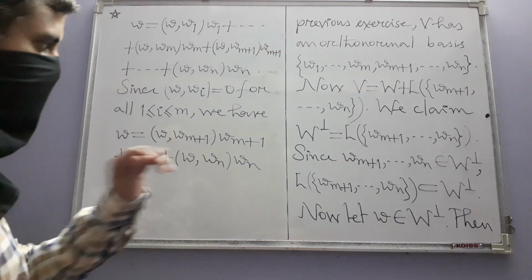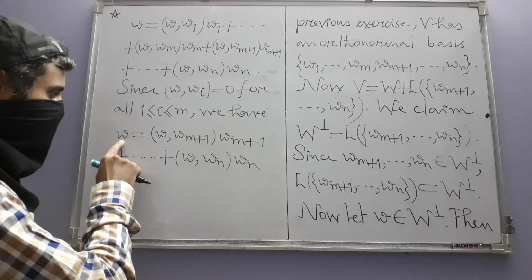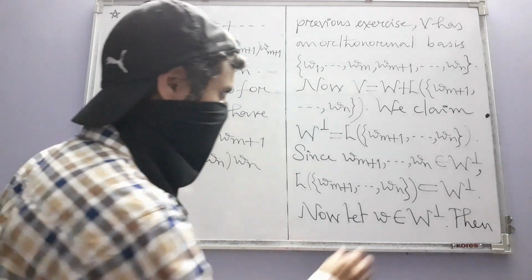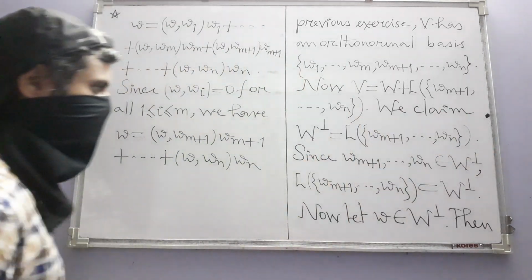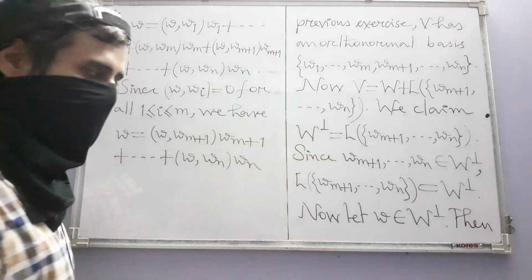But now you watch what we have achieved. We have been able to show that W is a linear combination of these vectors. So that means W would belong to their linear span.